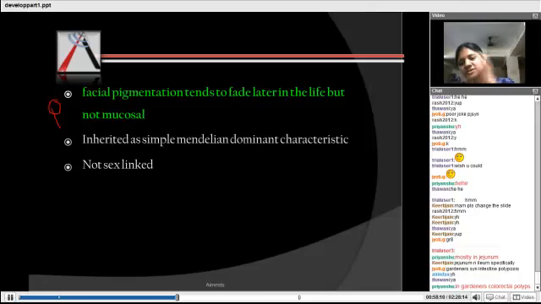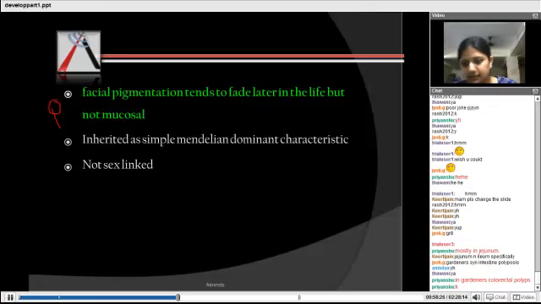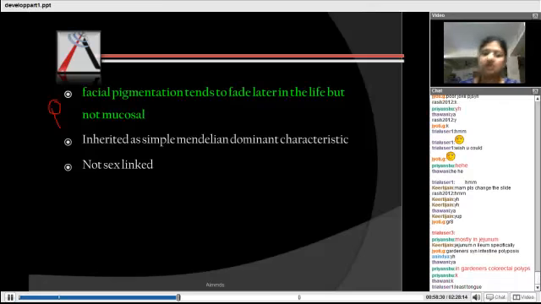Intraorally it is more on the buccal mucosa and labial mucosa, and least on the tongue. Now the pigmentation on the face tends to fade away, but the mucosal pigmentation will stay. There is no fading of the mucosal pigmentation, which is an important MCQ.